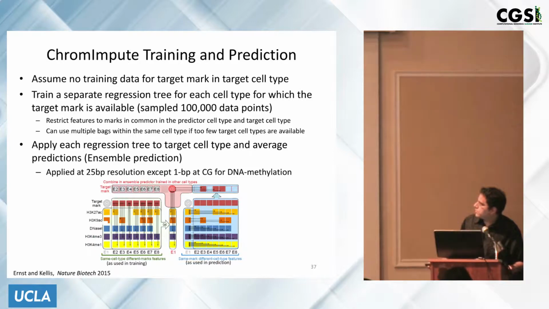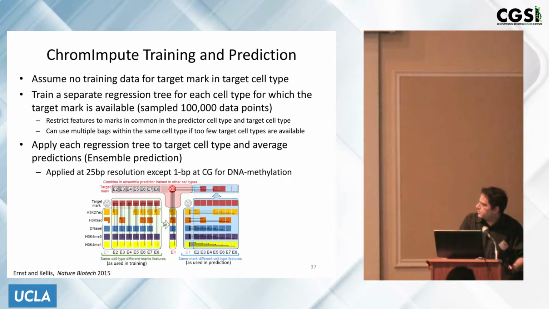The approach we took was to train an ensemble of regression trees where we used the data from the mark in the target cell type and that same mark in other cell and tissue types. We had features based on those other marks in the neighborhood around the target, and k-nearest neighbor-based features for our target mark in other cell types.